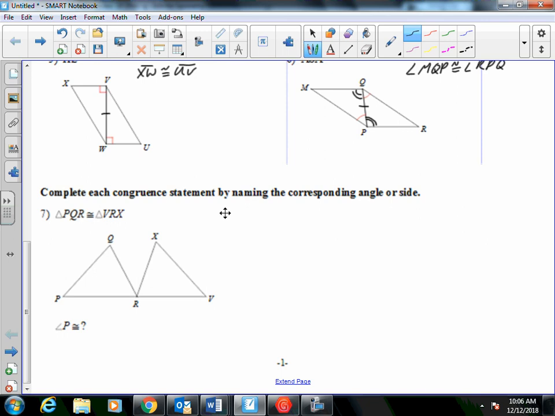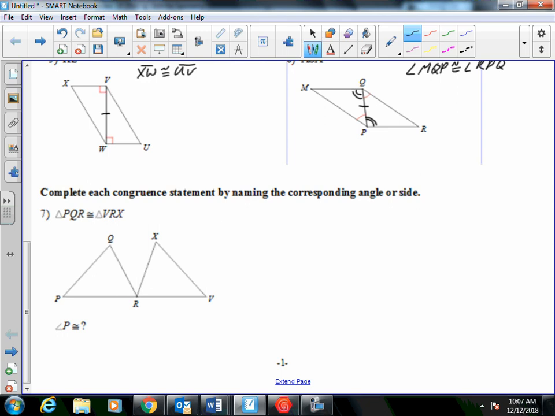All right, number 7, complete the congruent statement by naming the corresponding angle or side. All right, so these two triangles, says triangle PQR is congruent to triangle VRX. So the order of the names here tells us the order of the things that are congruent or corresponding to each other.